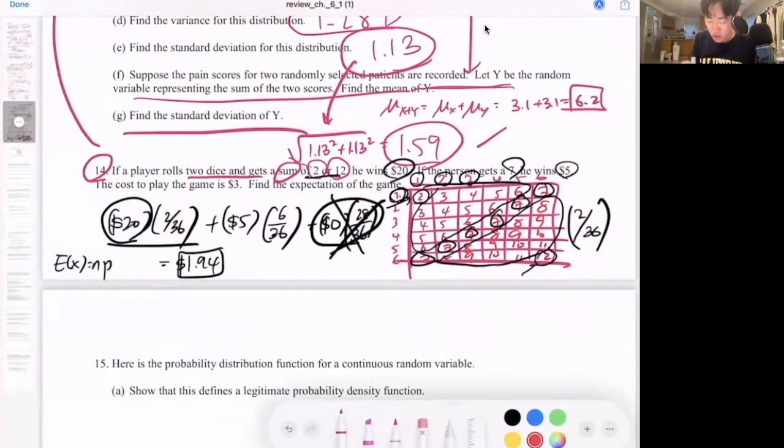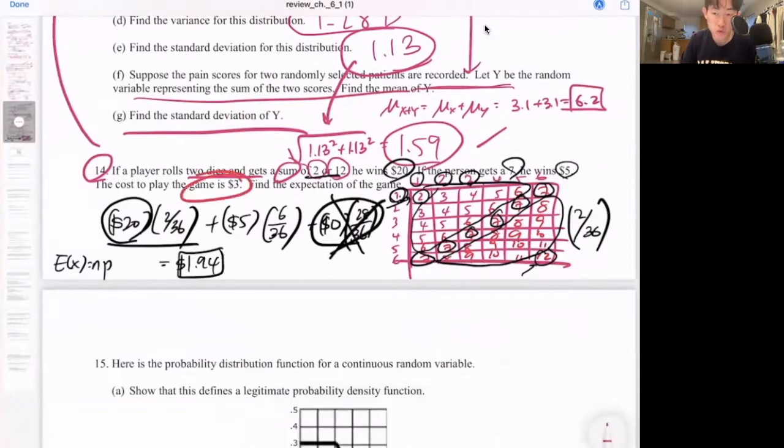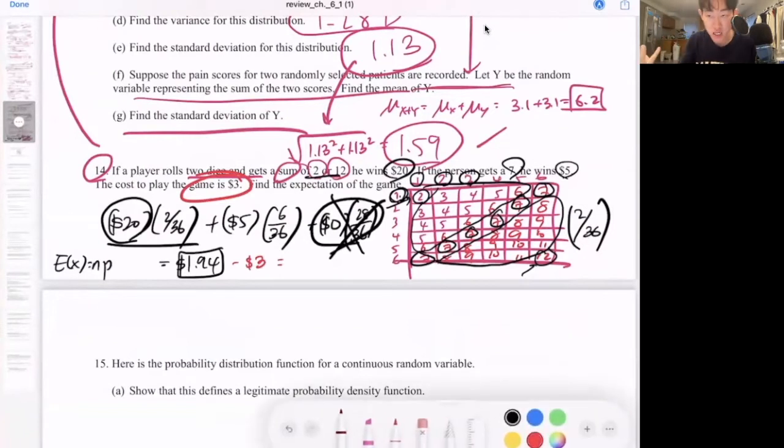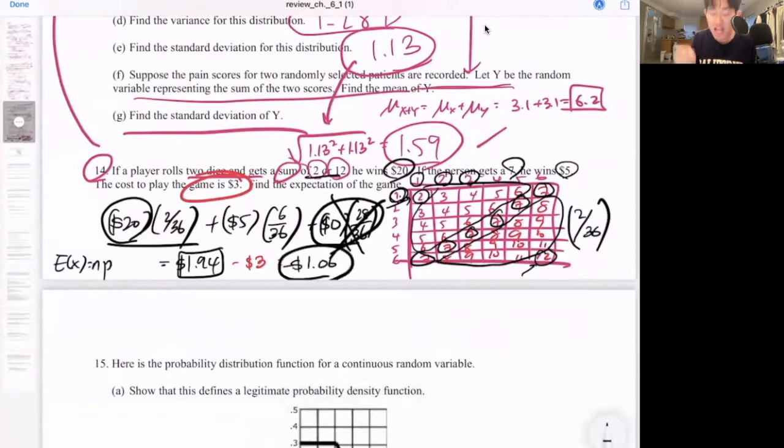But look at how much it costs you. It costs you $3 to play this game, so you have to subtract the $3 because that's going out of your pocket. So your actual profit is negative 1.06. The expected value of this is negative 1.06, which means you can expect to lose $1.06 every time you play this game.